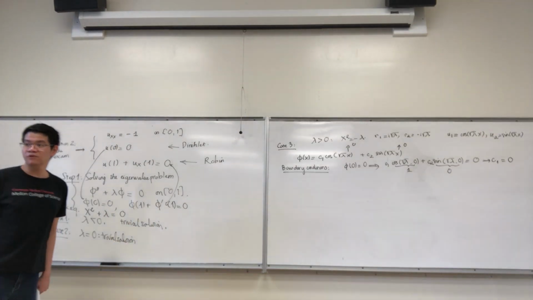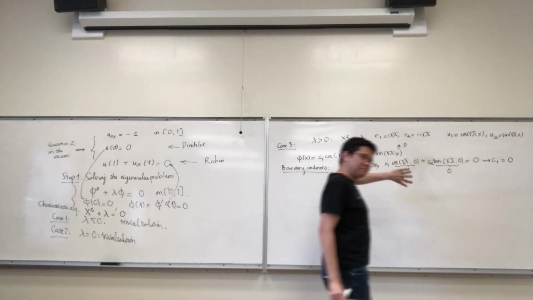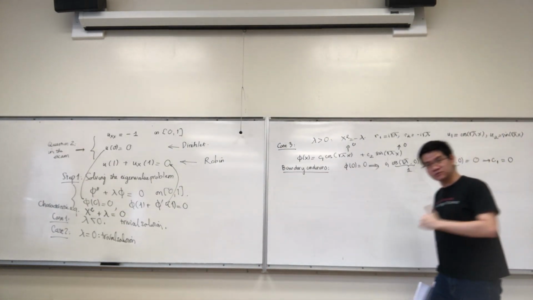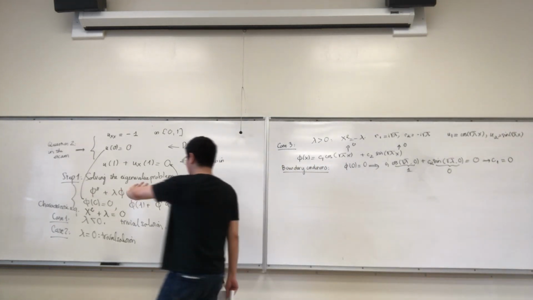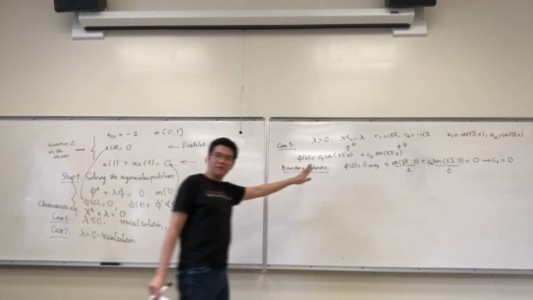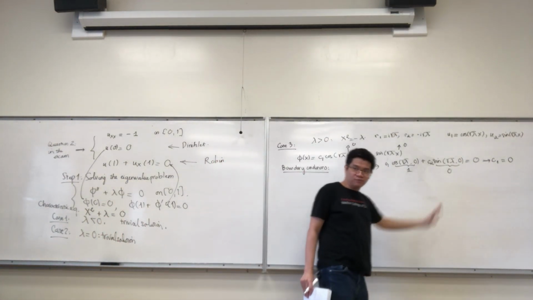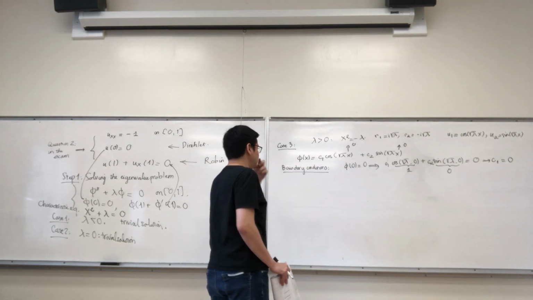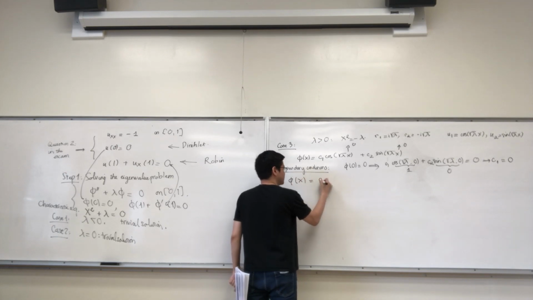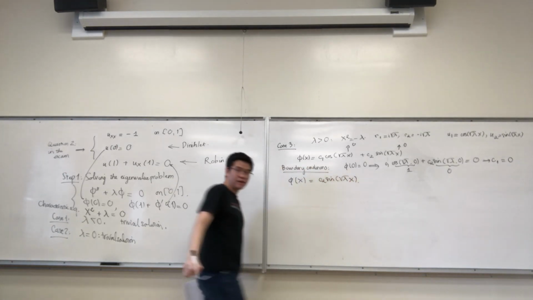It's good? Questions? This is the same procedure that you have to go through in order to solve the eigenvalue problem, right? You go through the characteristic equation, you consider 3 cases, and you plug into the boundary condition to find all of the constants. So this is the general mechanism. So now you have c1 is 0, so the solution is now c2 sine of square root of lambda x, right?